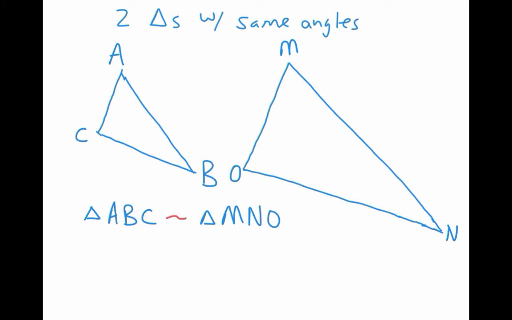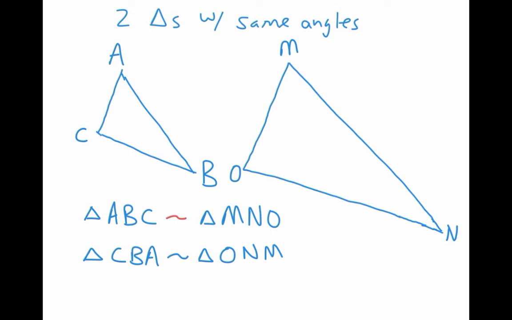If you wanted to label it differently, let's do CBA for my first triangle, and I have to start in the same location for the second one, so it would be O, and go the same counterclockwise direction, O and M. So that would be two ways to say that the triangles are similar.